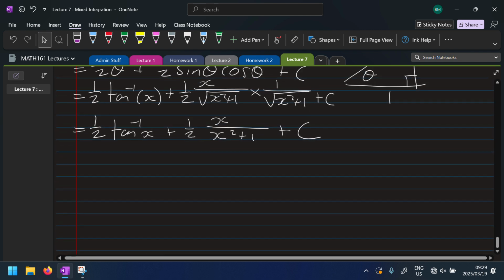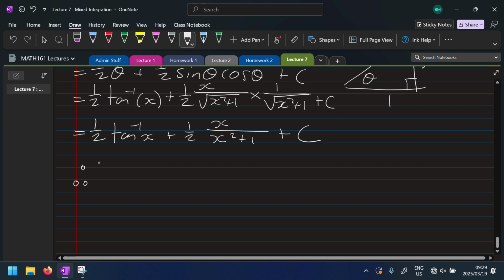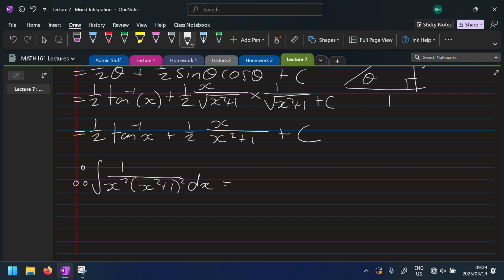So finally, adding all the stuff together, we get the integral 1 over x squared plus 1 squared. This is going to be all the stuff we had in the beginning plus what we have there.